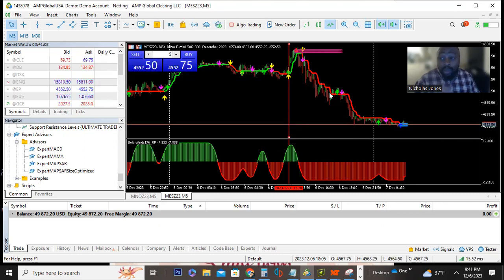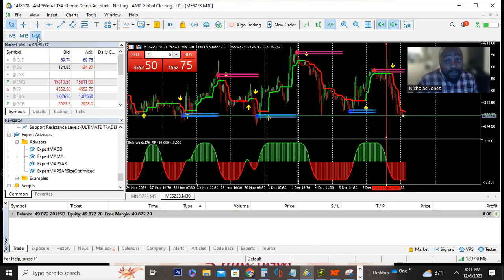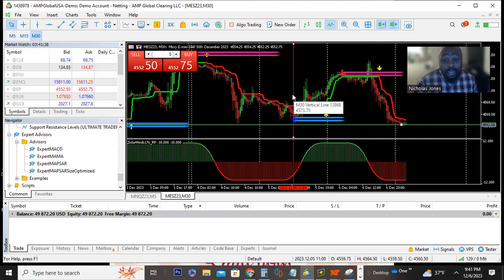I'm going to jump back to the trade that I took last night and show you what I did. We're going to jump back to this point. Last night I saw that the ES, or the micro E-mini ES, was bouncing off support.